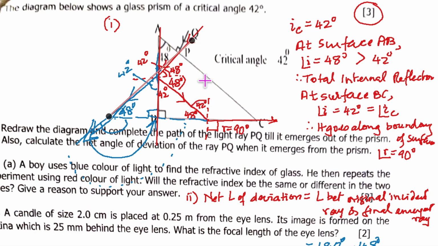Now tell me, how much is this angle? Okay, 48. This is 48, no? So this is 42, right? And I wrote also over here 42, and yet you say it's 48. Sorry, ma'am. What did you draw? Pathetically small diagram.